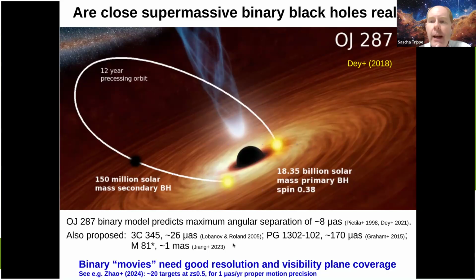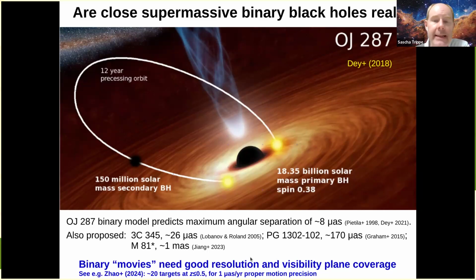And again, looking systematically into the population, surveying the population of supermassive black holes in the local universe, at least in theory we would expect around 20 supermassive binary black holes within redshift 0.5 with a proper motion of more than about 1 microarcsecond per year, which should be available for observations with future observatories like the ones I'm going to discuss soon.